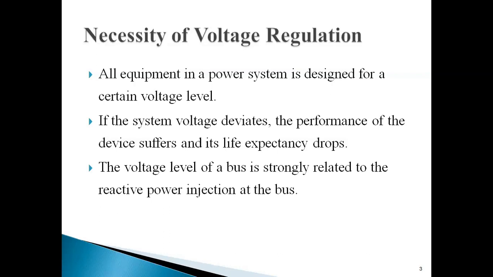For that, we need to maintain a proper reactive power balance, and for that we prefer FACTS controllers. The objective of the FACTS controller is to ensure proper reactive power balance, which is nothing but compensation. We use series and shunt compensation techniques to match the generation with the demand. I hope you understand the importance of reactive power and voltage. Let me move on to the next slide.